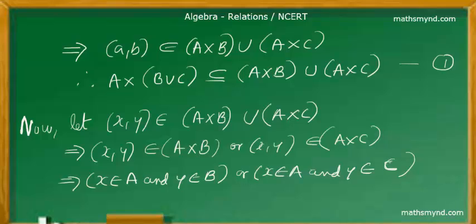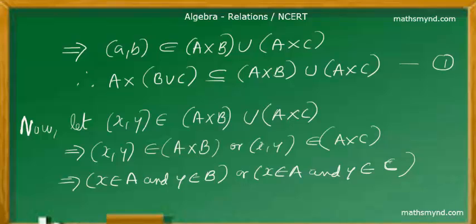Now we know that we have to prove the reverse subset, so that we can equate both sides of this relation. So in the next step, to avoid confusion, we are taking another ordered pair with different letters, that is (x, y).